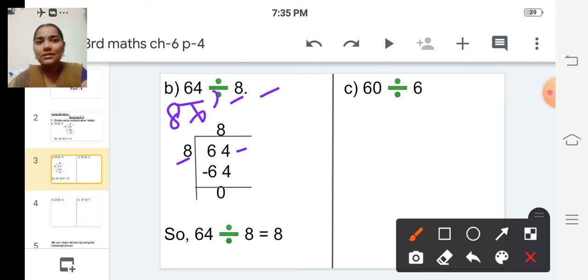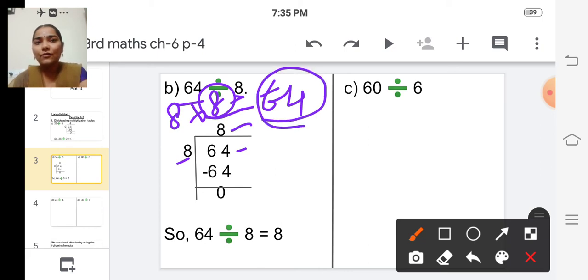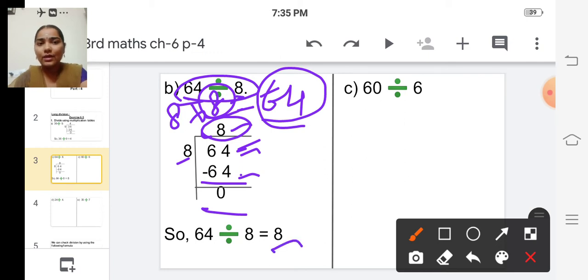So you have to write this 8 in the quotient place and 64 below the dividend, and subtract the 64 from the dividend. That is 64 minus 64 is 0. So 64 divided by 8 is equal to 8. The quotient is the answer.